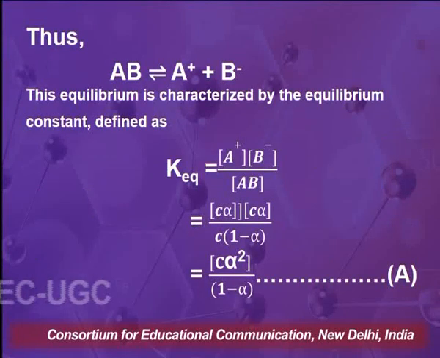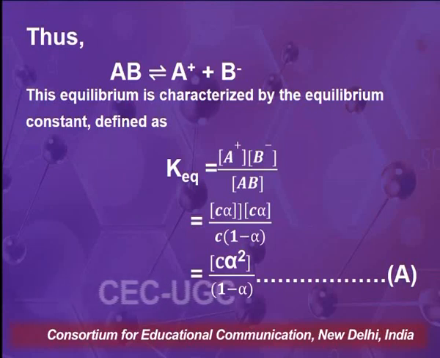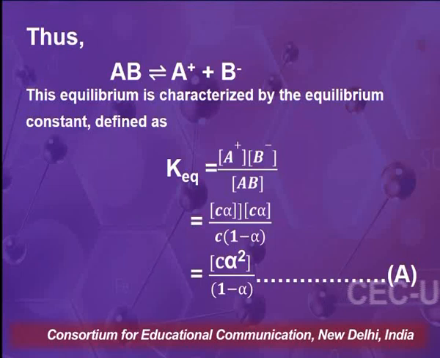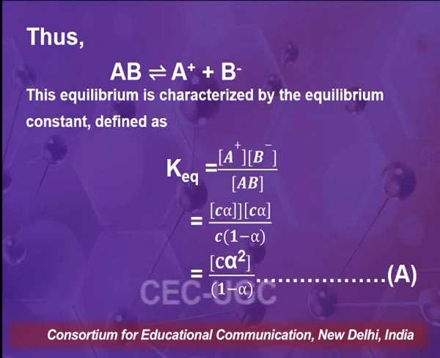Thus, AB is in equilibrium with A plus and B minus, and the equilibrium constant K for this dissociation is equal to the concentration of A plus into B minus divided by the concentration of AB.